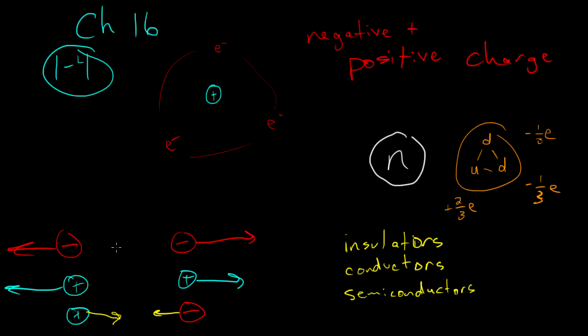So let's go on to sections 5 through 6 of chapter 16. This one is all about Coulomb's law. Now, we saw on the previous page that like charges repel, opposite charges attract.